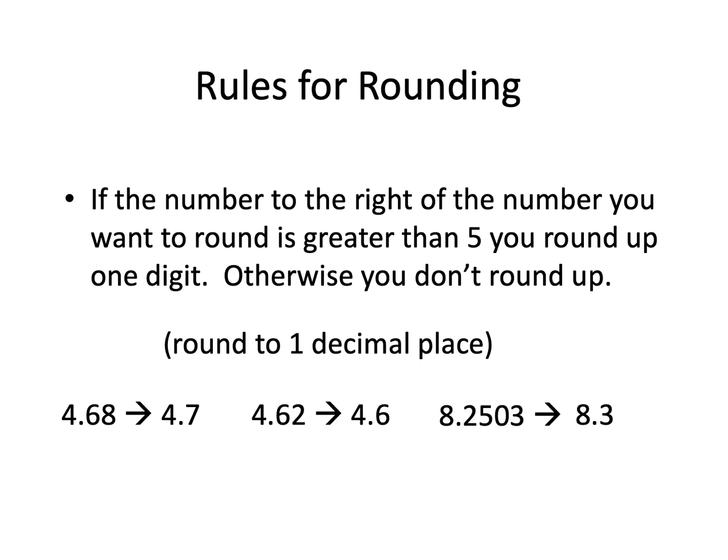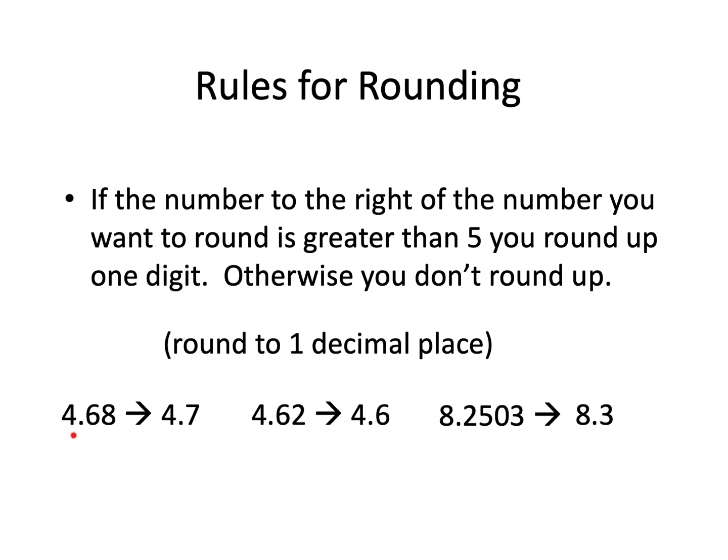I've shown you some examples where I've done some rounding. The rule's pretty simple. Let's consider that I've got a bunch of numbers here and I want to round them all to 1 decimal place. The rule is that if the number to the right of the digit you want to round is greater than 5, you round up 1 digit. Otherwise, you don't round up.